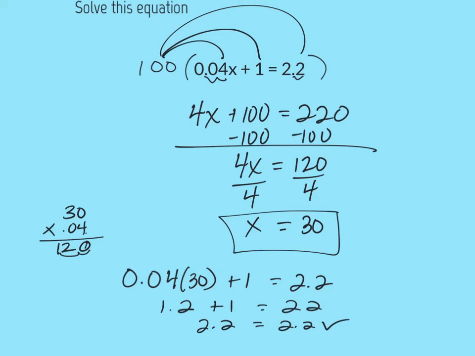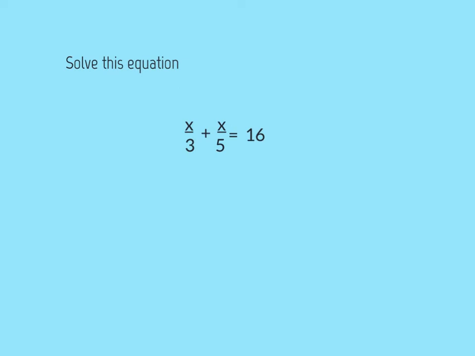All right, let's do one more, this one with some fractions. Here's where we're going to get into fraction busters. So if we're going to bust out these fractions, then what we're essentially doing is multiplying by both of these denominators. I'm going to go through and bust out these fractions one at a time.